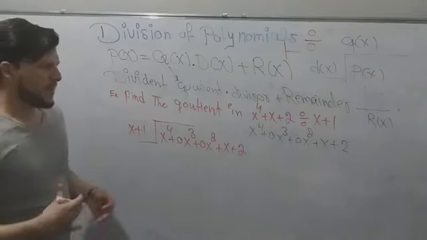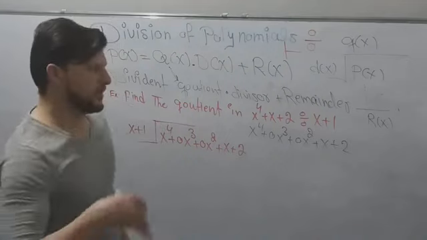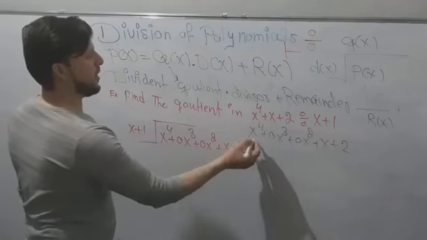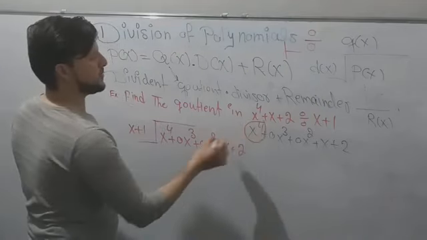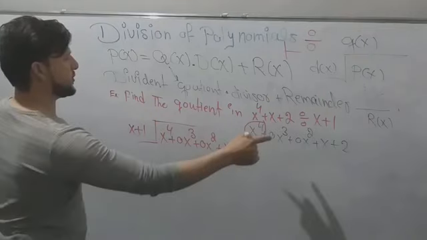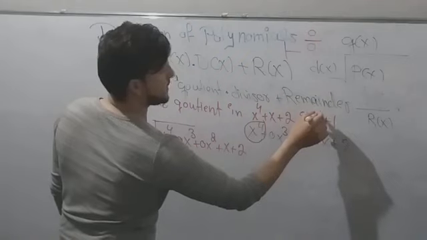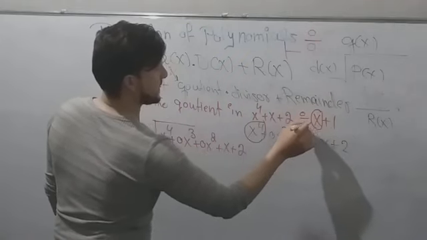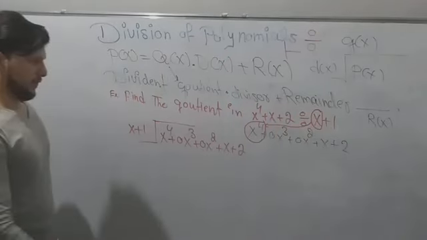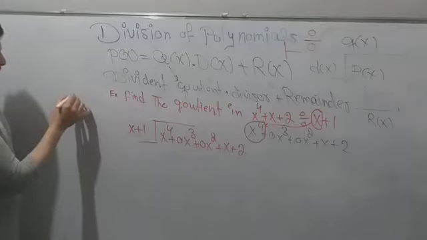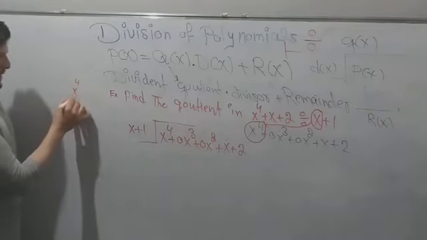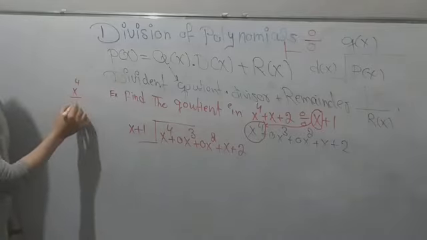In division you have to divide the first term of the polynomial p(x) by the first term of the divisor. The first term means x to the power of 4 divided over x.